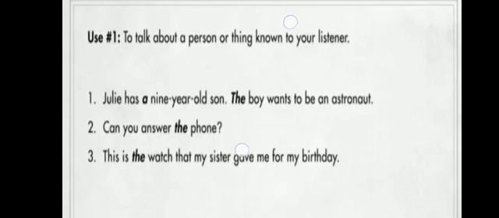You are supposed to know very well that there are some uses of this particular word the. These rules you will have to memorize a little bit, students, because otherwise you won't be able to use the in the exact place. Rule number one is to talk about a person or thing known to your listener.